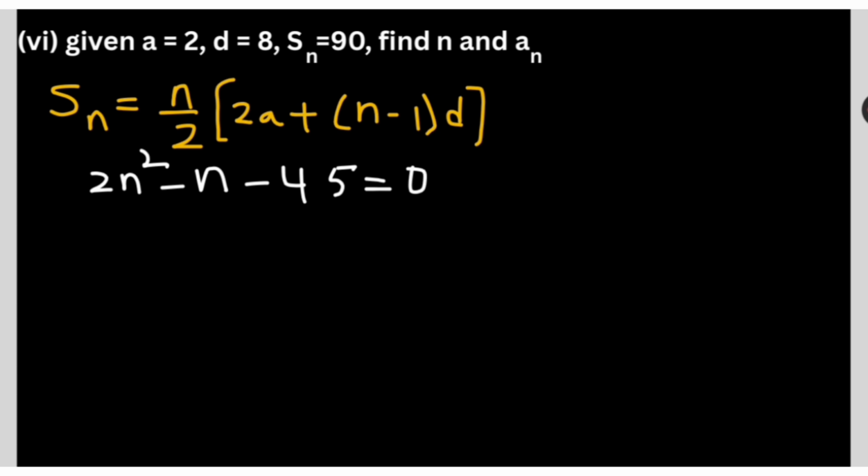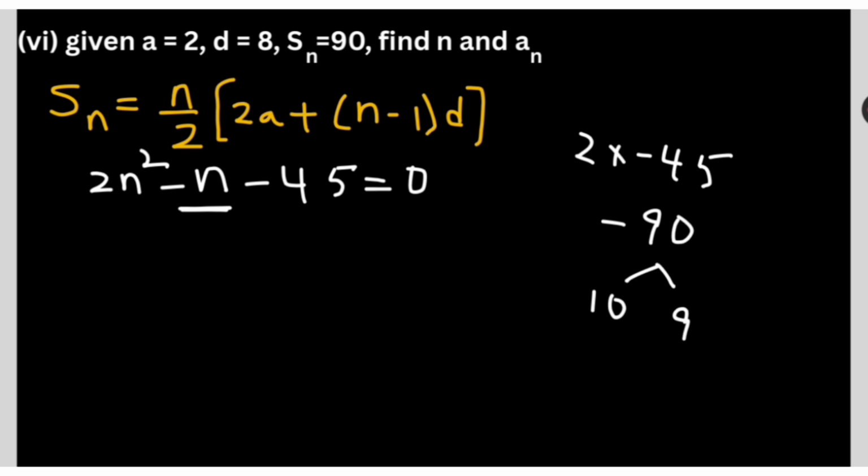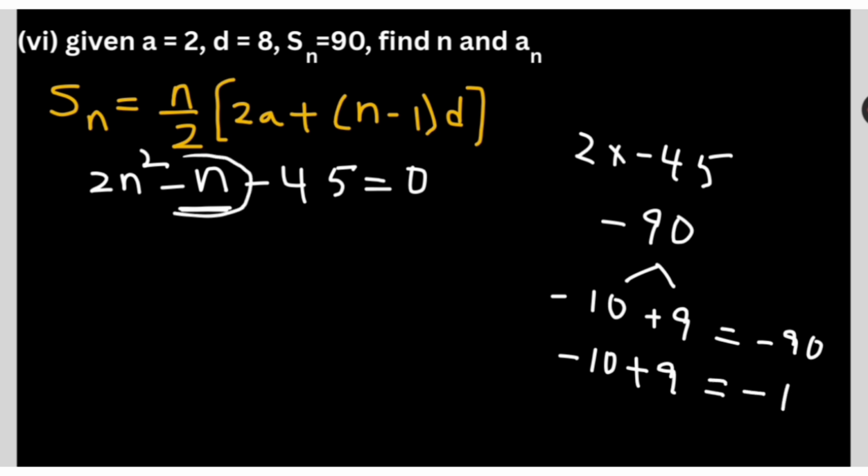We need to find the roots for n. Here we have 2 and here we have minus 45. So 2 times minus 45 gives minus 90, isn't it? 10 times 9 is 90. So if we multiply minus 10 times plus 9, it gives minus 90, and if we add these two, minus 10 plus 9 gives minus 1. This minus 1 is equal to the coefficient of n.